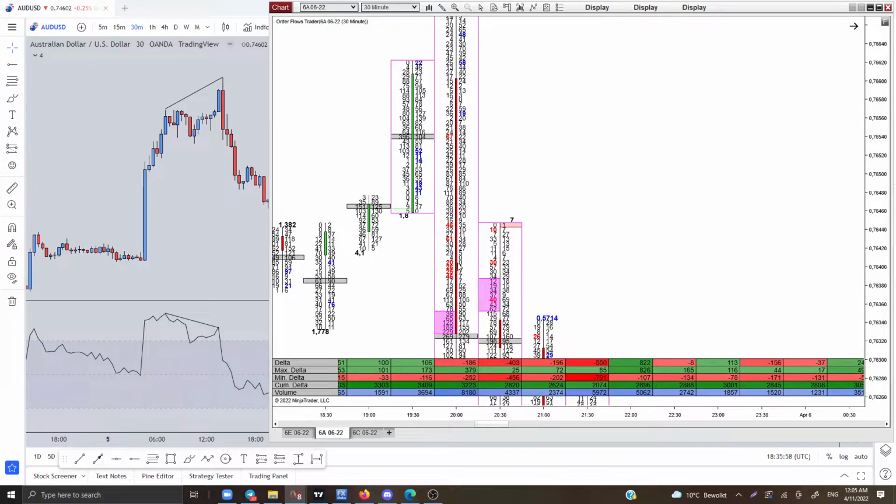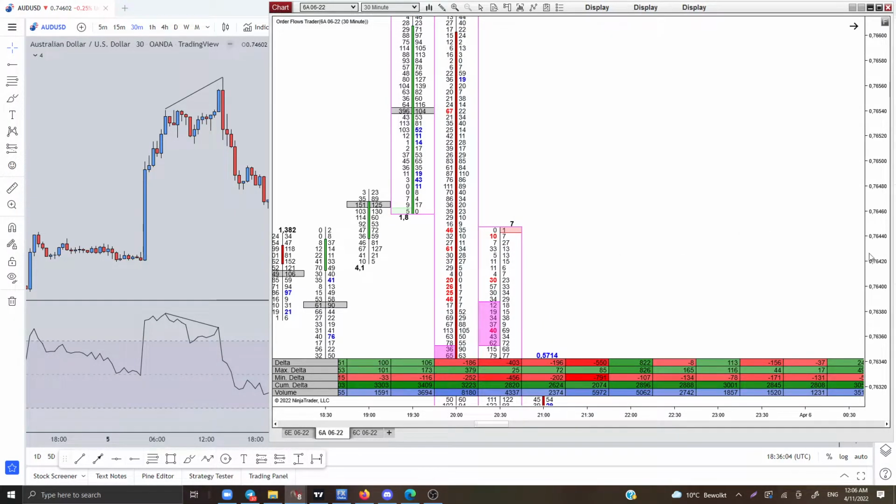The stacked imbalances are also coming. If you read the numbers, 20, 26, 25, 46, these are all sellers coming, a bunch of sell contracts joining to move the price down.